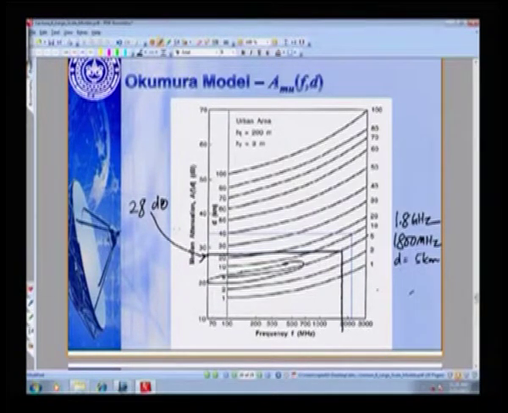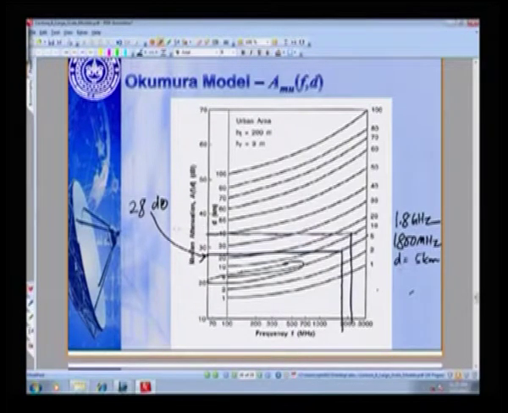Since I do not have any curve for 8 kilometers, I am approximating using the curve for 10 kilometers. On the 10 kilometer curve, at approximately 2.1 gigahertz, I see that the factor A mu f d is roughly 34 dB.